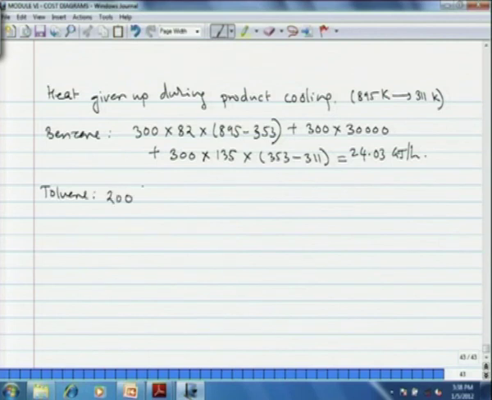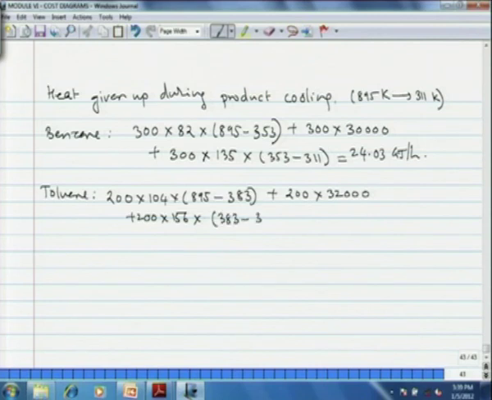Similarly, for toluene, 200 moles of toluene remain unreacted, the vapor phase heat capacity 104, from 895 to its saturation temperature 383, plus the phase change latent heat 200 into 32,000, plus 200 into 156, the liquid phase heat capacity, from saturation temperature to 311 Kelvin. This comes out to be 19.3 gigajoule per hour.